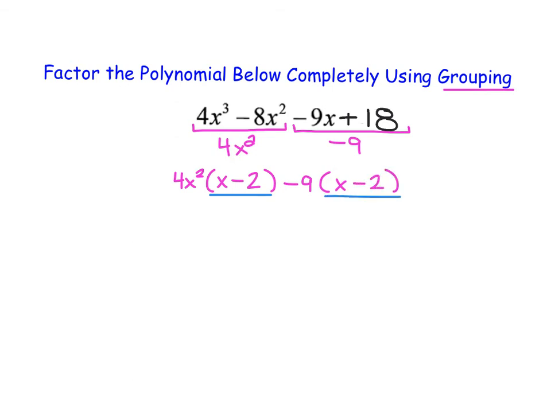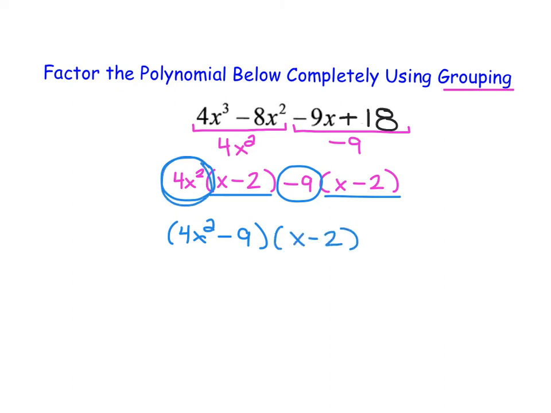So I end up with x minus 2 inside of both sets of parentheses. And because of that, I'm able to group together the numbers out in front. So I end up with 4x squared minus 9 times, in parentheses, x minus 2. So that's saying that both 4x squared and negative 9 are being multiplied by x minus 2. So I used my factoring by grouping strategy to get to this point.